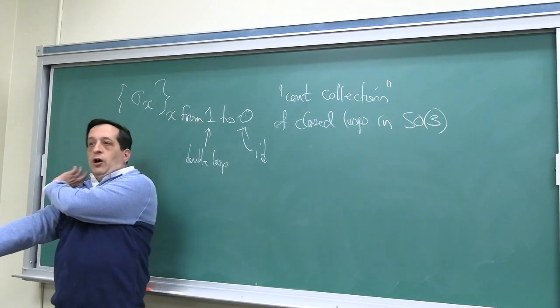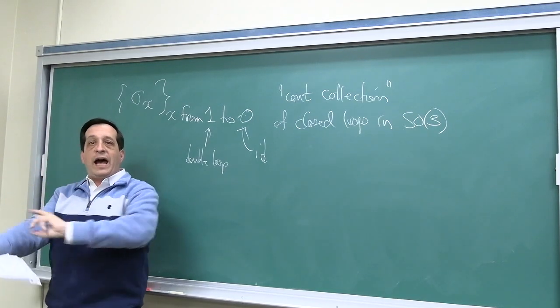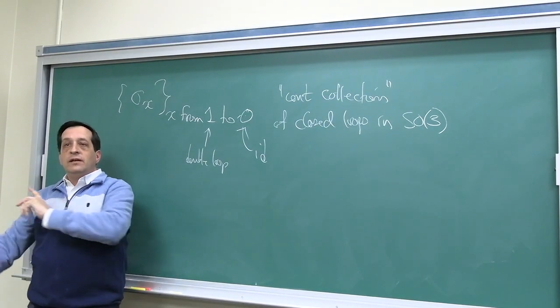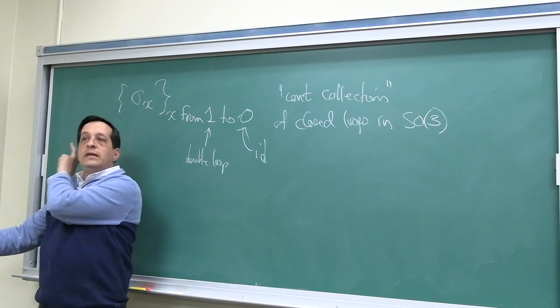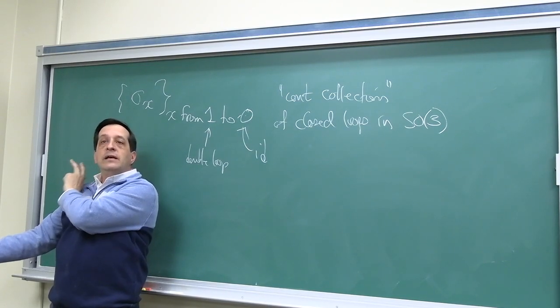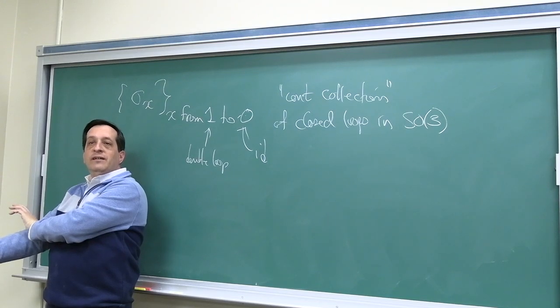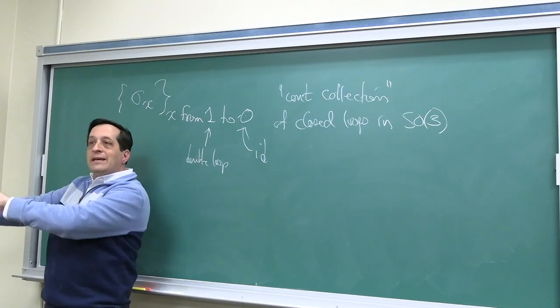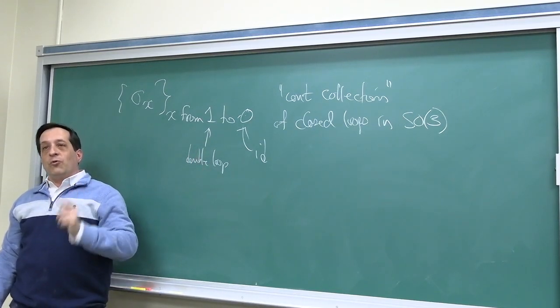So if you follow at each point of your arm, right, if you follow what's happening to those orientations, then at one end of your arm, it's the double loop in SO3. At your shoulder, it's the identity point constant path. And all the points along your arm are a continuous family. Each individual point is a closed loop because sigma x of 1 is always the identity.